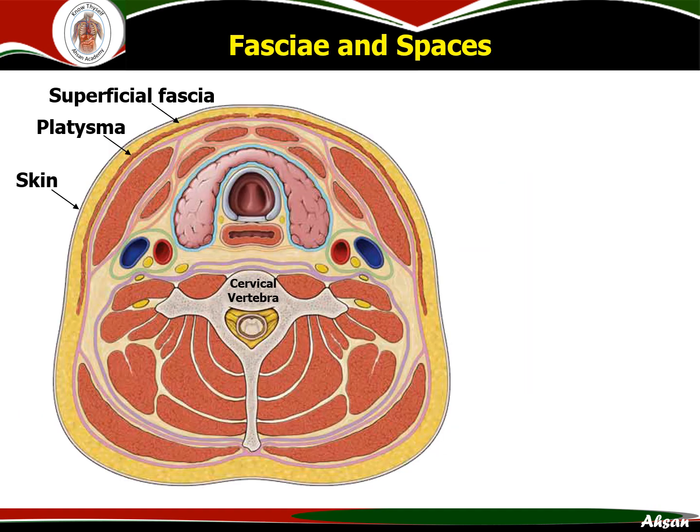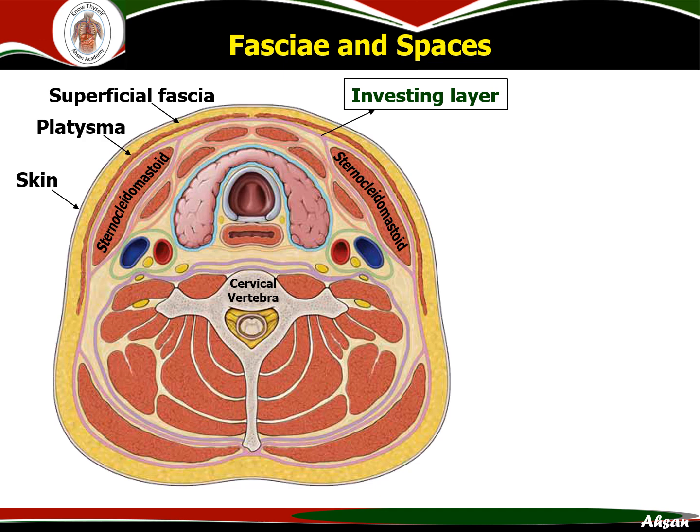Let us summarize the whole neck from outside. This outside is the skin, inside that is the superficial fascia containing the platysma. Inside that we find the deep fascia. So this is the investing layer covering the outer part and enclosing the sternocleidomastoid muscle as well as the trapezius muscle.